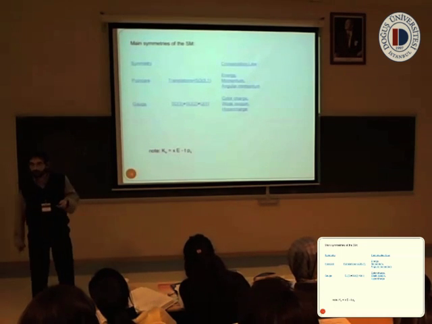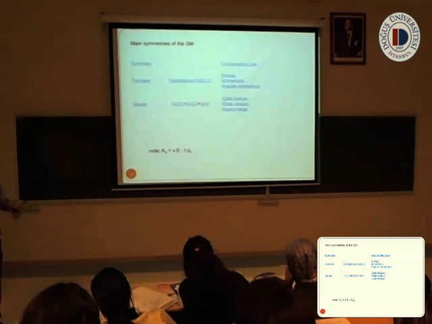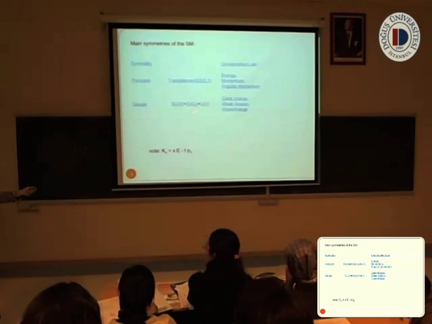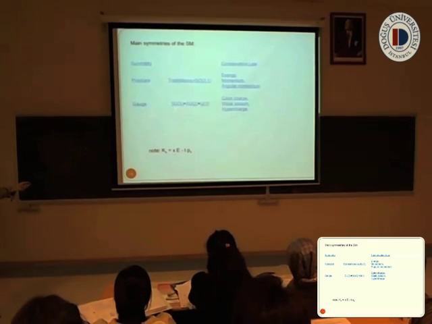now the standard model also has gauge symmetry, which are internal symmetries. So now you have symmetries under rotations of internal spaces. You have a U(1) symmetry, SU(2) symmetry, and SU(3) symmetry.